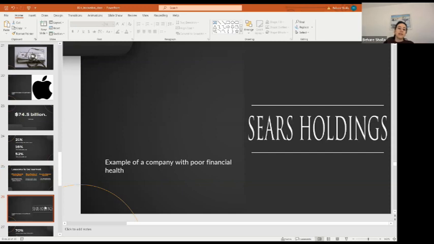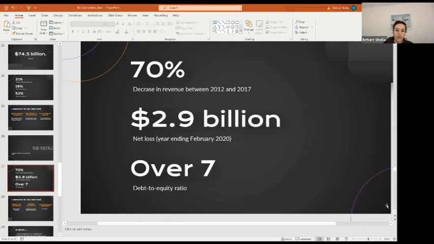Sears Holdings is another example of a company which does not have good financial health, and based on the information that we have here, we can see why. I'm sure that you have already heard about Sears Holdings. The company recorded a decrease in revenues of over 70% between 2012 and 2017.